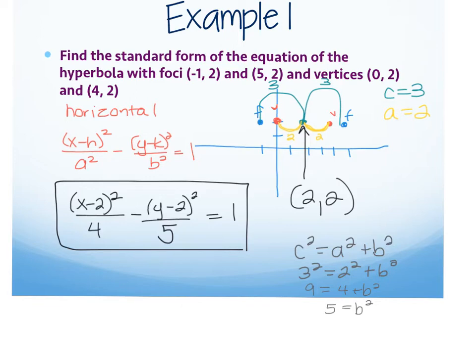Sometimes a is going to be bigger than b. Sometimes b is going to be bigger than a. This is different from ellipses. For ellipses, a has to be bigger. Think about your formula: c squared equals a squared minus b squared for an ellipse. So a has to be bigger because it can't be negative. But for a hyperbola, it does not matter. Questions on that one?